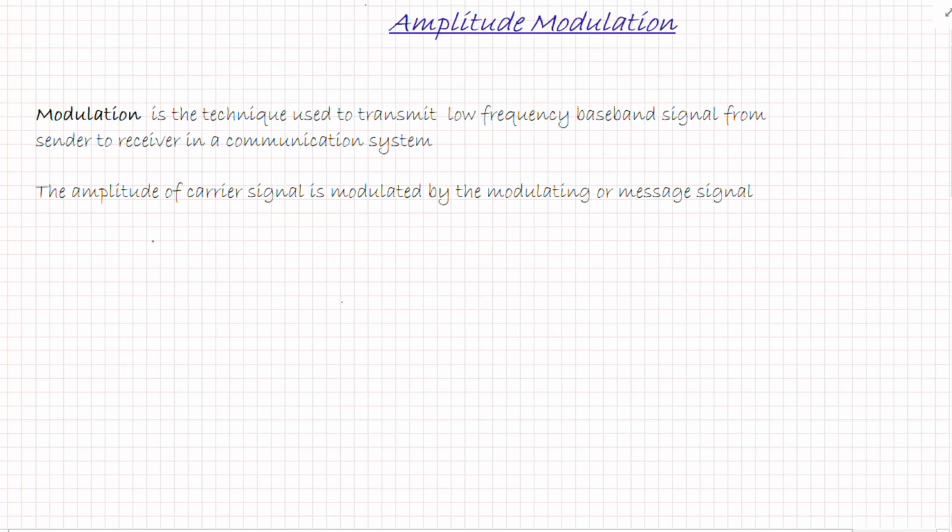Two signals involved in amplitude modulation are message signal and carrier signal.